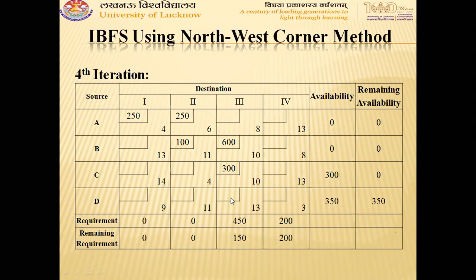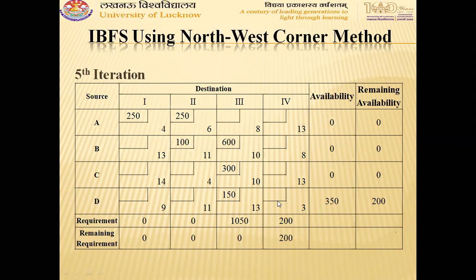After allocating this, the requirement for destination 3 is also fulfilled, and the remaining requirement is only for destination 4, with availability only at source D. So we allocate the remaining quantity at the next northwest corner, source D, destination 4.